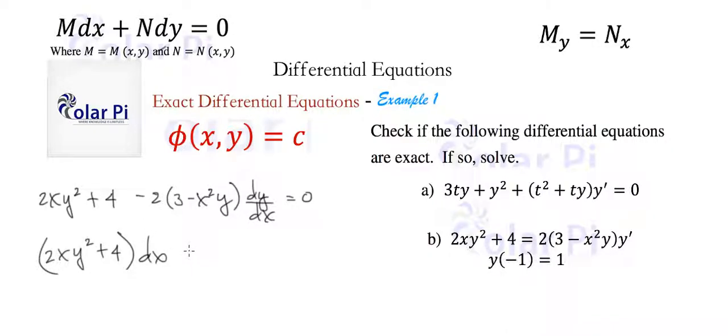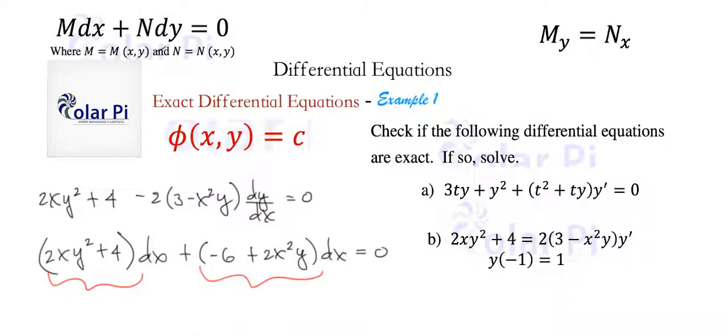And then we'll write plus, distributing the minus 2, negative 6 plus 2x squared y, and then times dy is equal to 0.